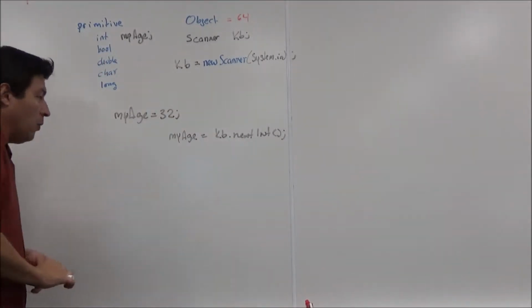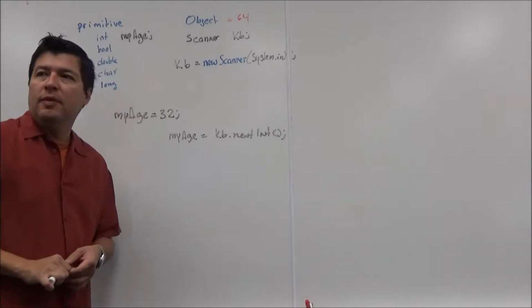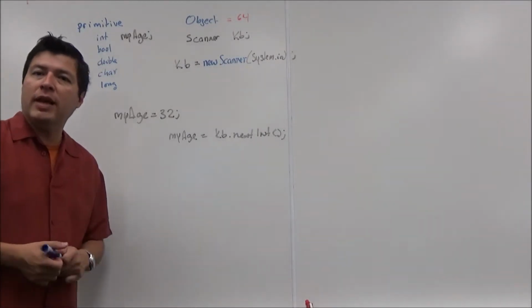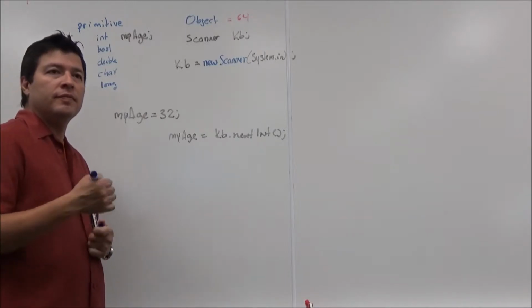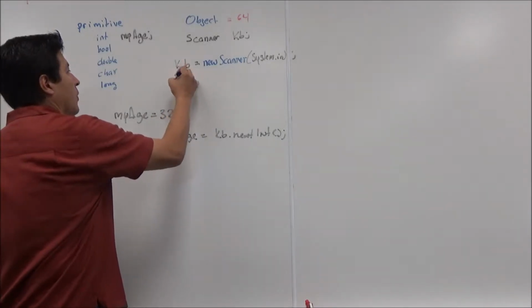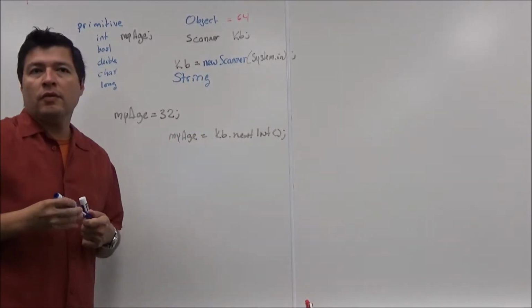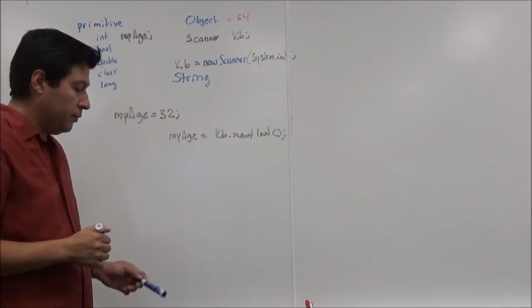Then I told you there was an object that behaves as if it were a primitive type. Remember what type that was? It was a string. A string is just an array of characters.